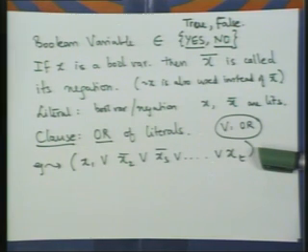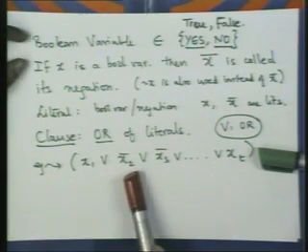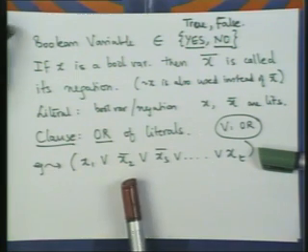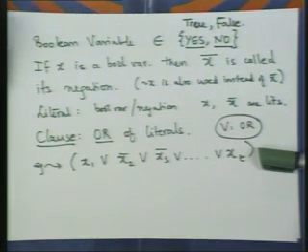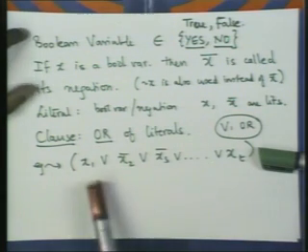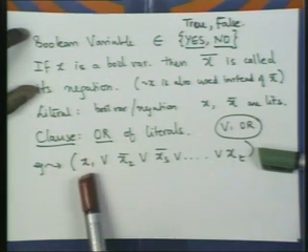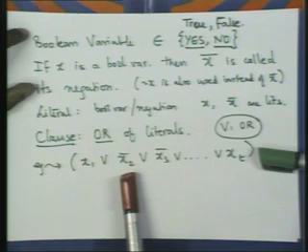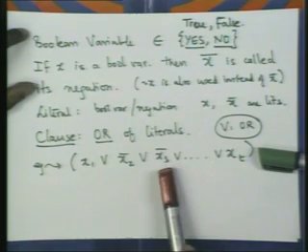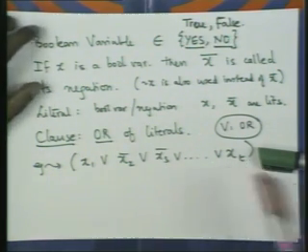This clause evaluates to either true or false depending on the values that these variables get. If any one of them evaluates to true, then the clause evaluates to true. Otherwise, it evaluates to false. For instance, if x1 is true, the clause is true. If x2 bar is true, then it's true, and so on. If any one of them evaluates to true, it's true. It's false if all of them are false, which means x1 should be false, x2 bar should be false, which means x2 should be true, x3 bar should be false, x3 should be true, and xt should be false.